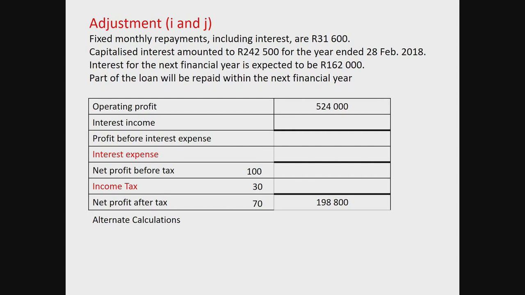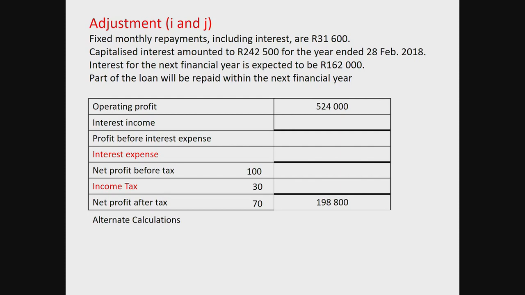So now we're busy with the interest income section, we're busy with the expenses, and we're busy with the income tax amounts. So we're busy with adjustment I and adjustment J. Okay, so I've got I on the board there. It says the fixed monthly repayments, including interest, is 31,600. Capitalized interest, that is the interest that we need.